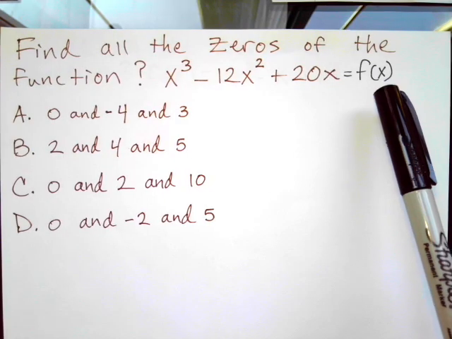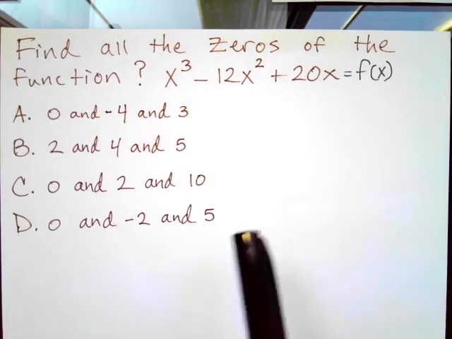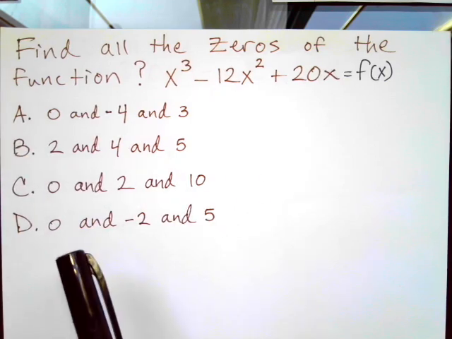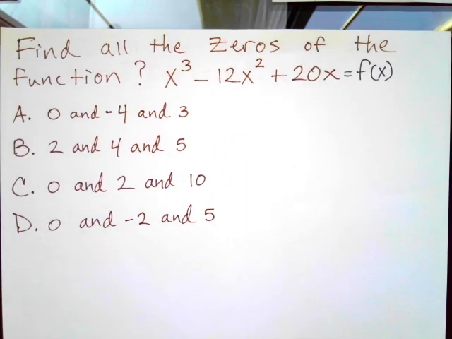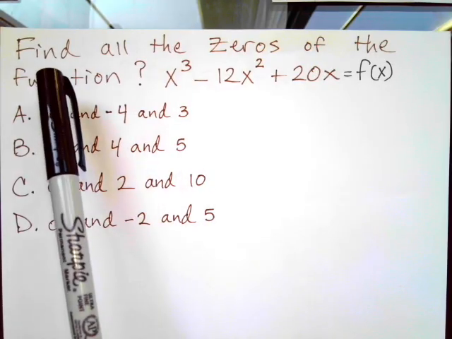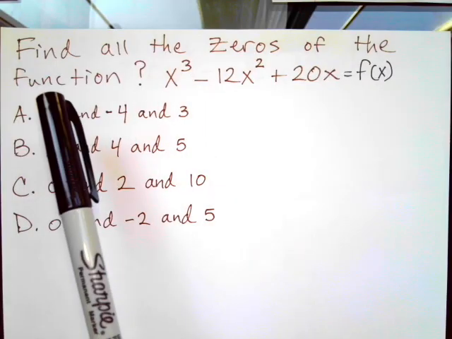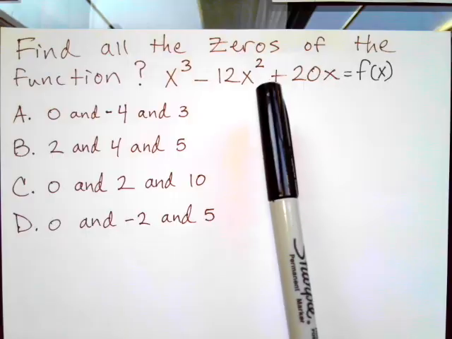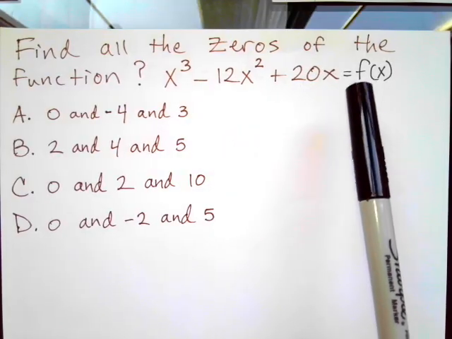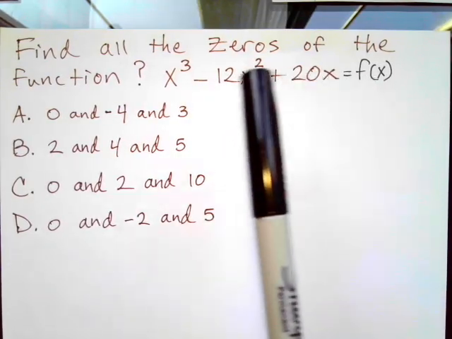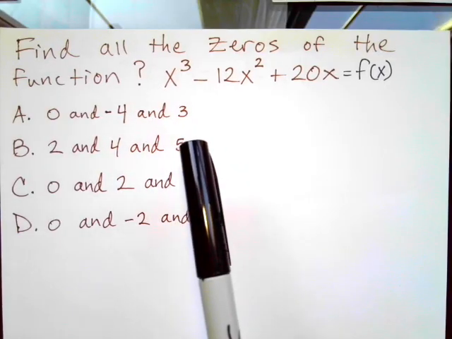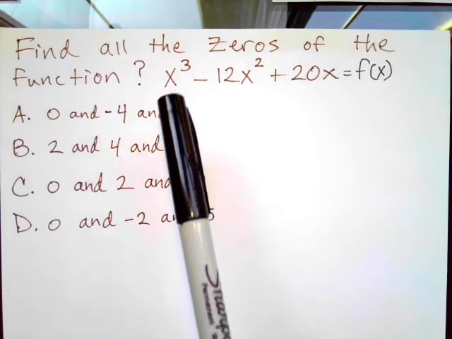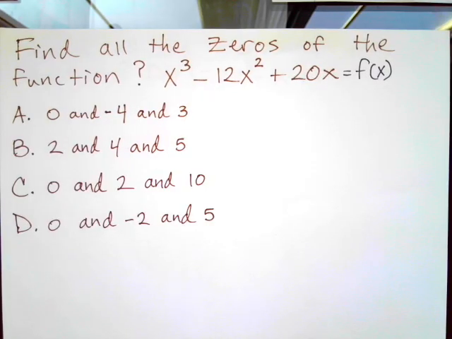And we'll be turning that into 0 in order to find all zeros that work for this particular problem. So let me go back and read it again. I think I may have made a mistake. Find all the zeros of the function x cubed minus 12x squared plus 20x equals the function of x. You can write that inversely and put the f of x function at the beginning, or you can put it at the end. Because I made a mistake, I'm going to keep it here at the end.